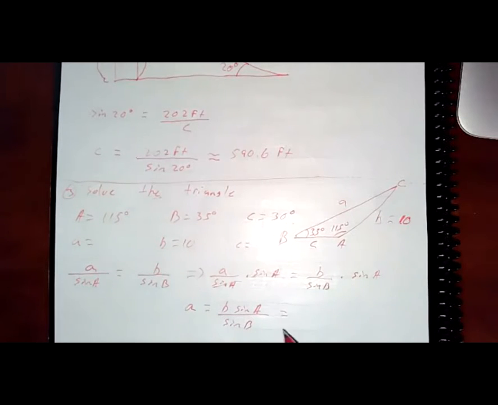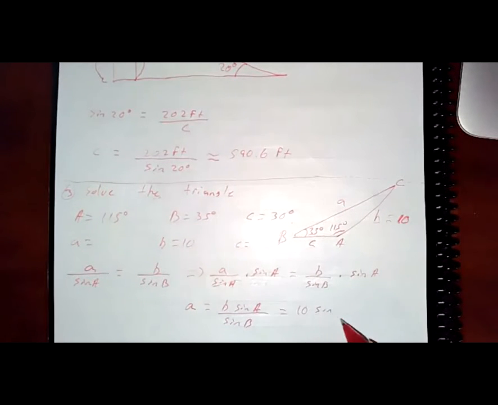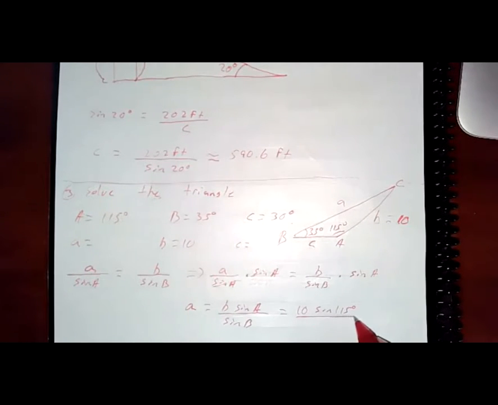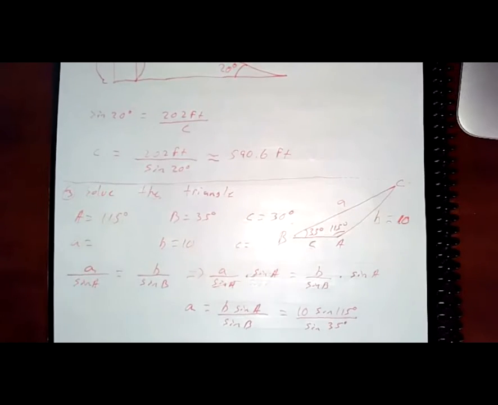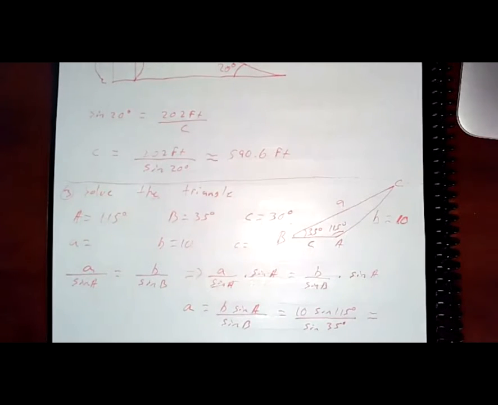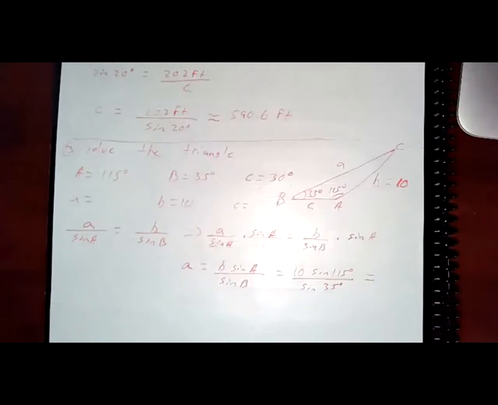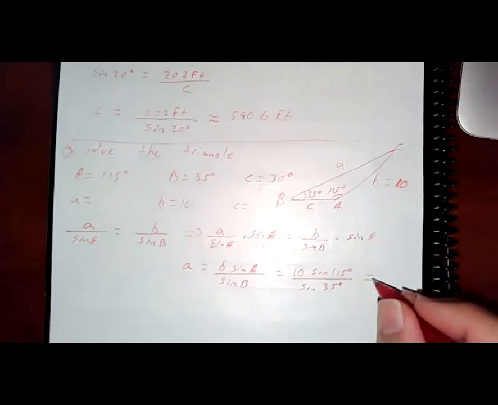So b is 10, A is 115, sine B is sine 35. So what is little a? 15.8. Yeah, 15.8.